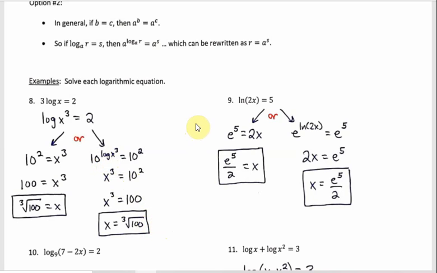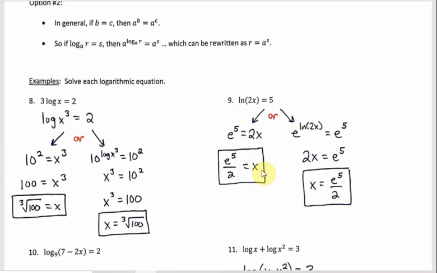Same thing with number 9. Number 9 is already ready to go, as you just have the log of something. You don't have a coefficient out here that you've got to deal with. So if you just use the definition of converting from log to an exponential equation, this has a base of e. So it would be e to the 5th is equal to 2x, and then to get x by itself, you just divide both sides by 2.